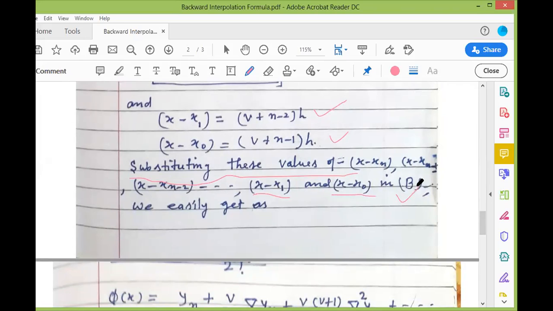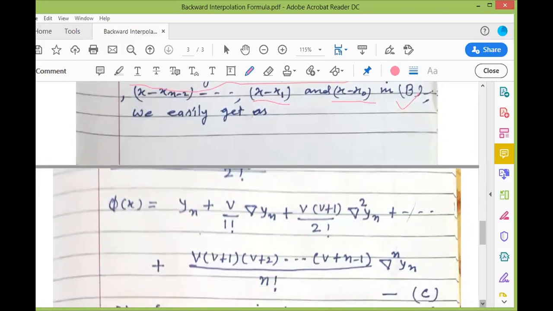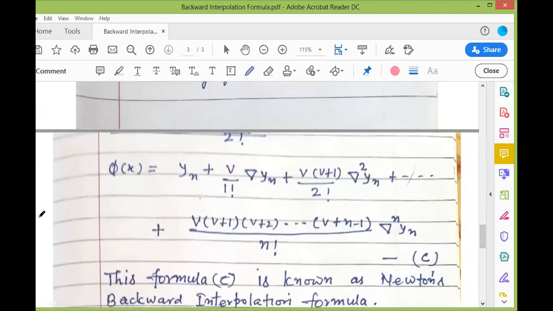we easily get that phi x is equal to yn. This is the end term. Earlier, in the case of Newton's forward interpolation formula, this was y naught, if you remember. Now this has yn, and this is the first difference, with factorial 1.